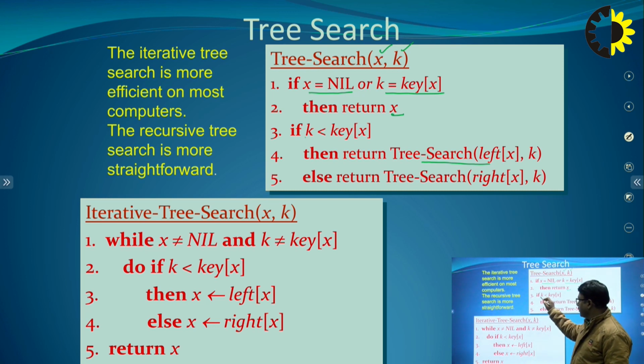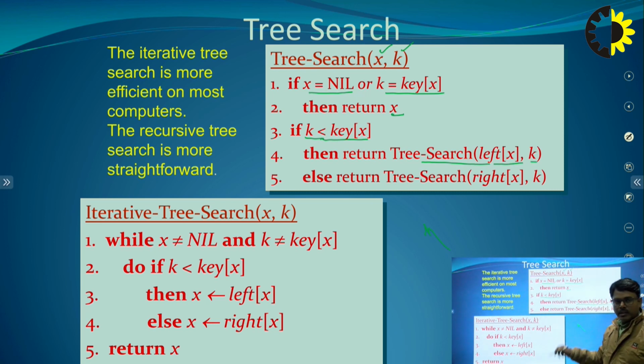In this case, we check if the element to be searched is less than key of x, then we search the tree on the left side of x. That means the element will be searched in the left search tree, and recursively it will be searched, because it is not necessary that the element is present directly on the left of the root node.